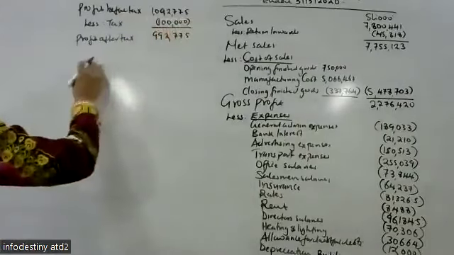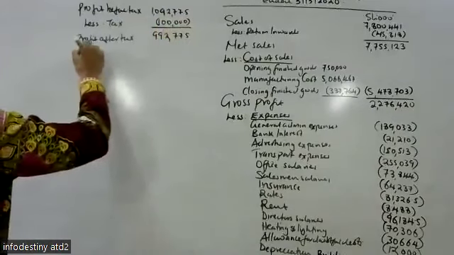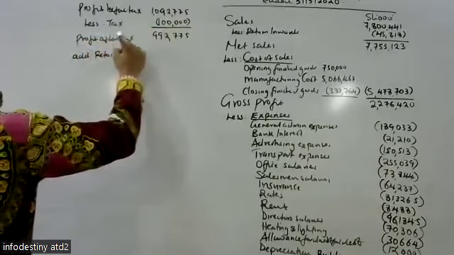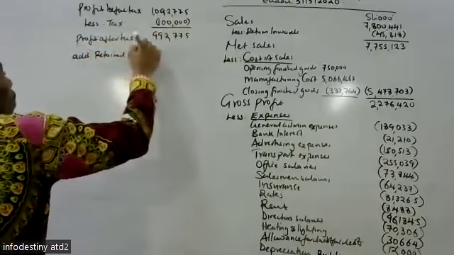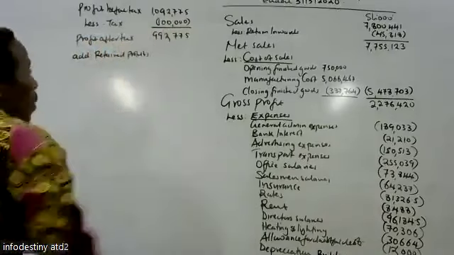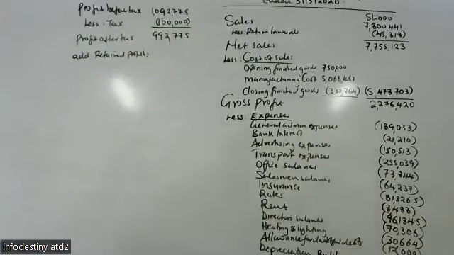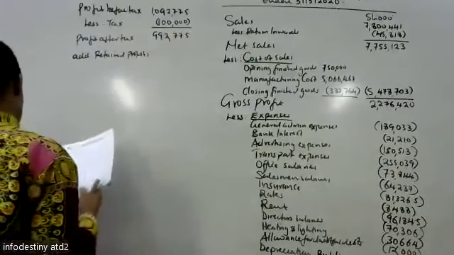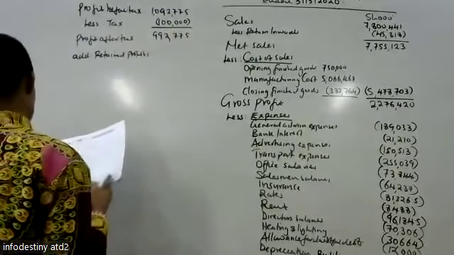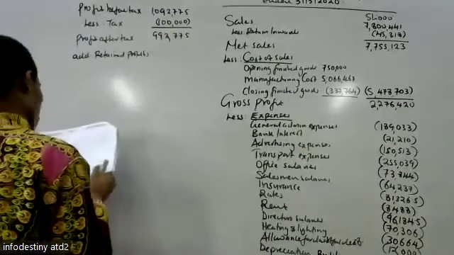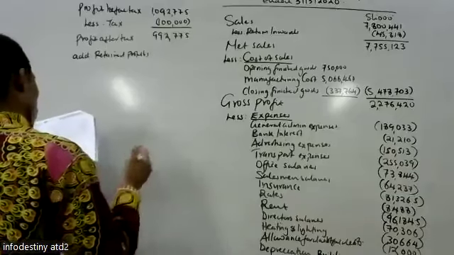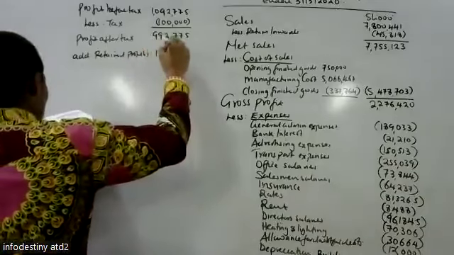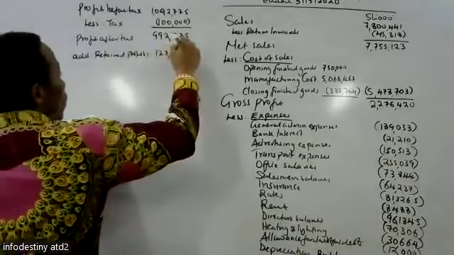Then lastly, we add the retained profits of 127,425.